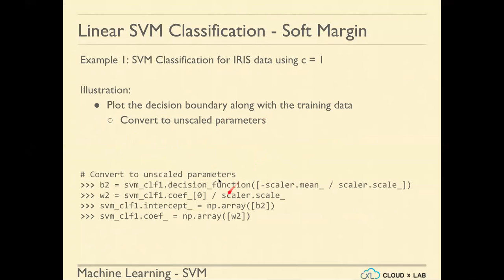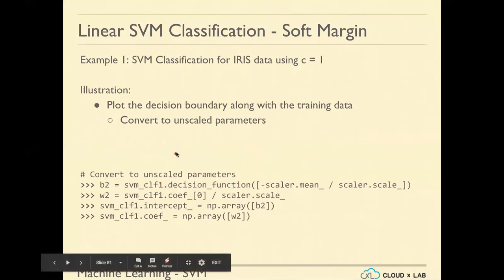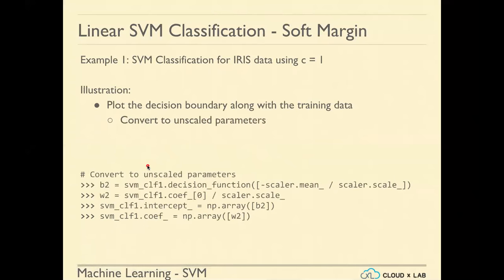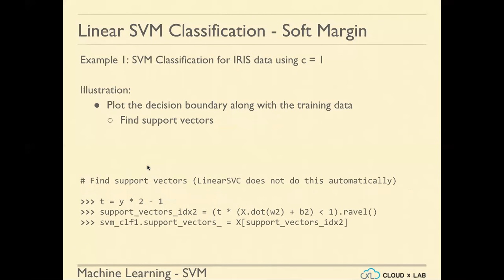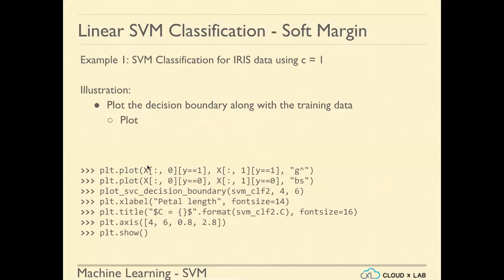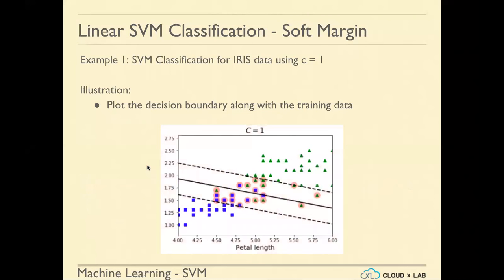So this is the function that we created earlier. We're going to use that function to plot the decision boundary and the other details. So this is where we have plotted the data. What you see here is, in case of soft margin, there are outliers.